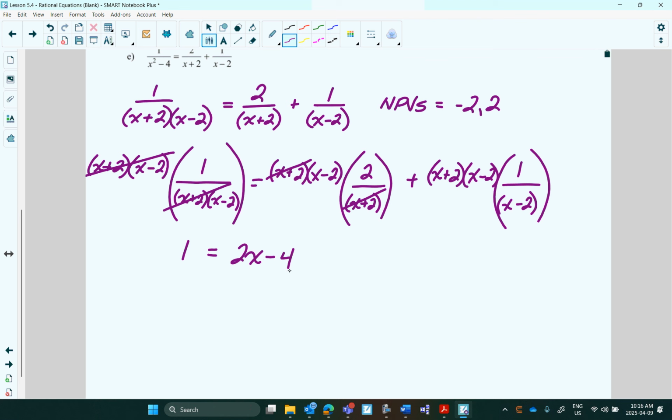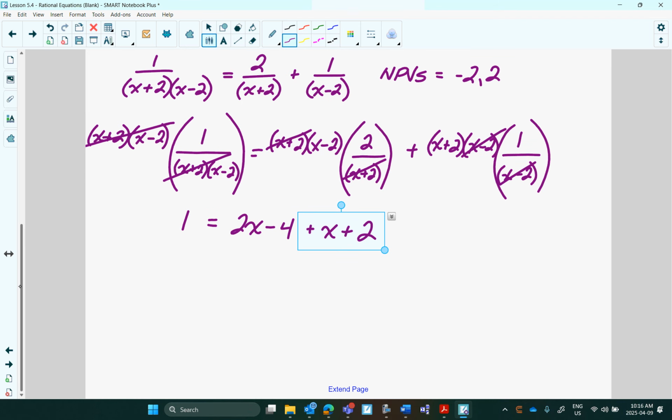Here, and remember, watch out for this, especially if this is negative, because that will change the sign in multiplication, but it doesn't this time. So plus 1 times this, x plus 2. No x squared, so we don't have a quadratic. So it's pretty straightforward to solve, and just check to make sure it's not an NPV.